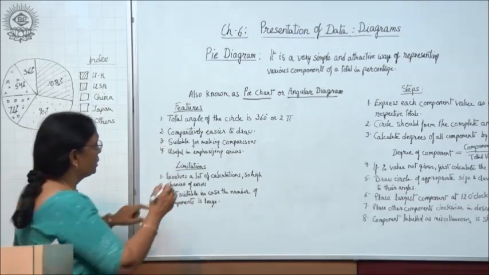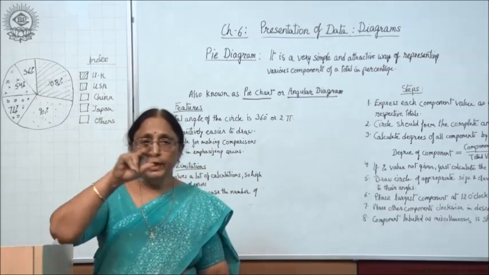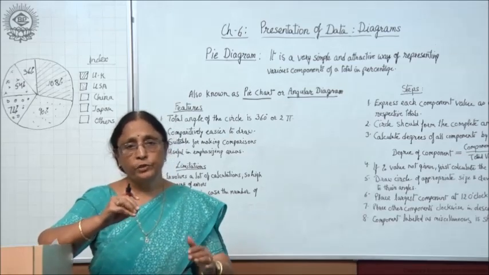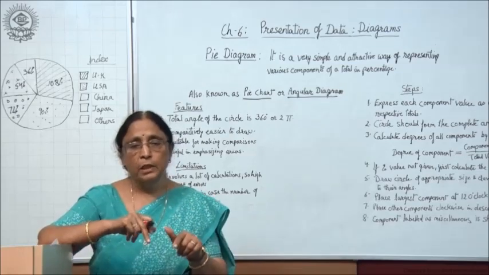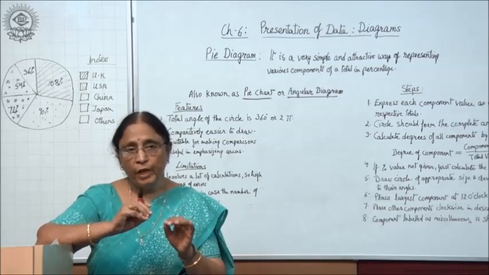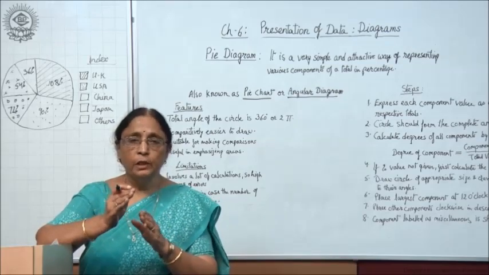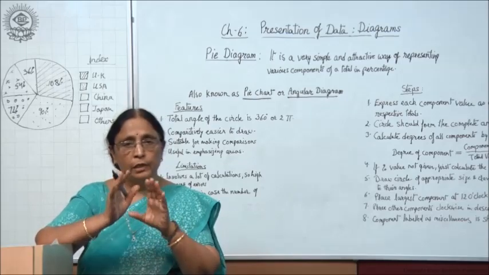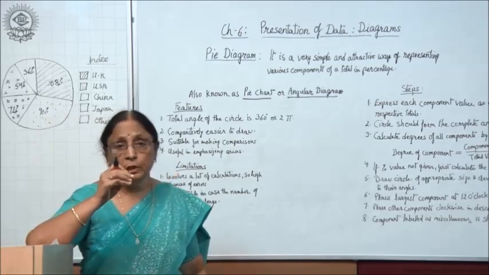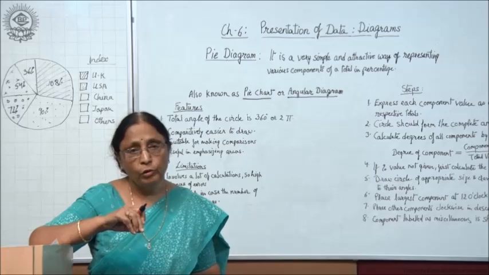Third, it is suitable for making comparisons. When the pie diagram is made, different components are drawn by dividing the circle into different parts. Then each part will show different values and the comparison can be made as to which part is bigger and which is smaller. So at a glance, comparison becomes easier. The circle has 360 degrees and each angle is shown on the basis of the value given.